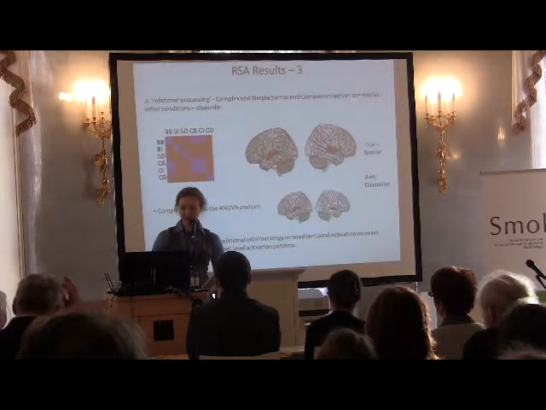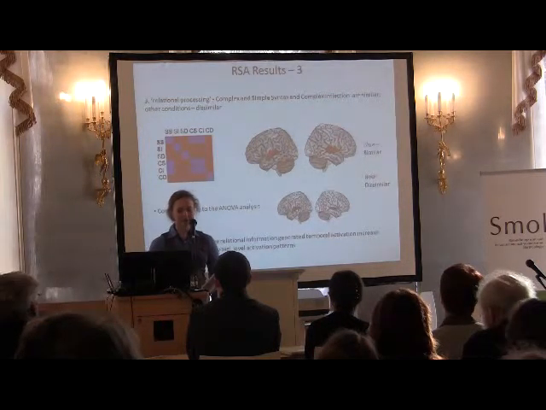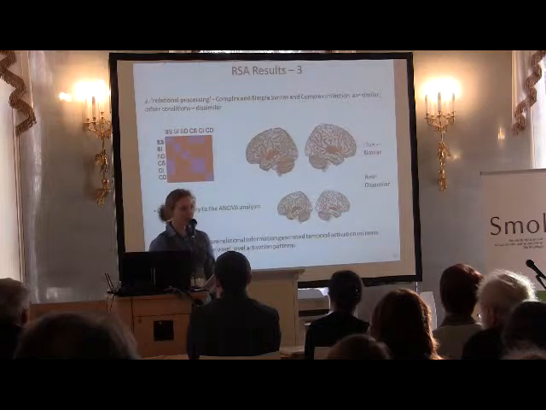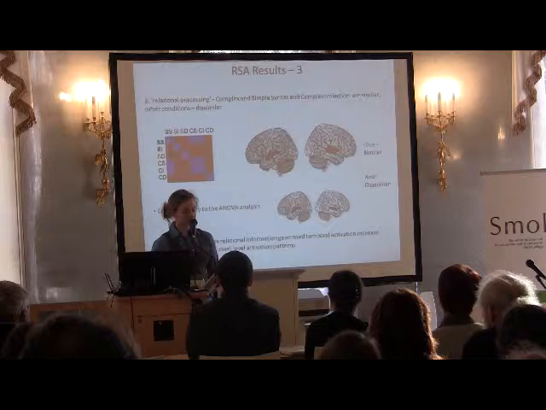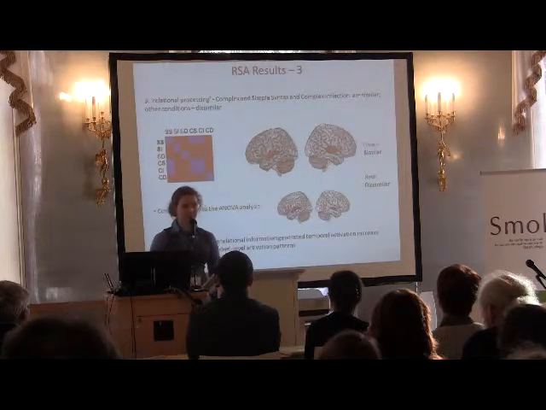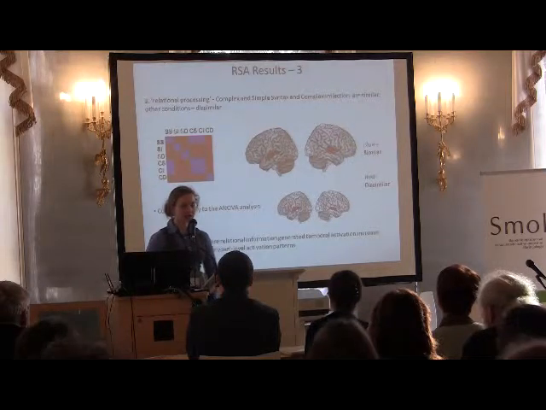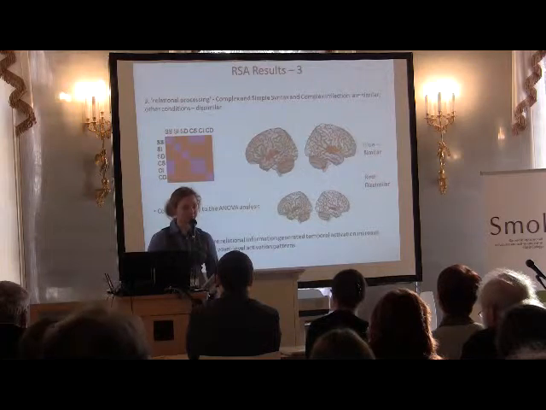The next model I think is quite neat. It looks at the relational processing. So remember, Anna showed us that our complex inflections, "читающие", simple syntax, "хорошо читать", and complex syntax, "те, кто читают", behaved quite similarly.